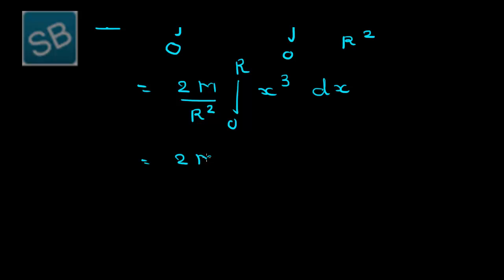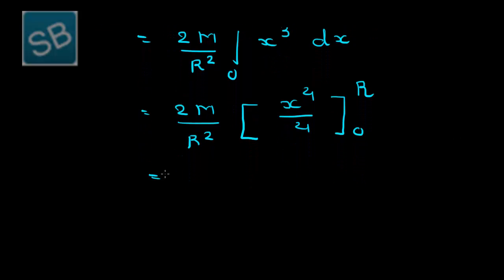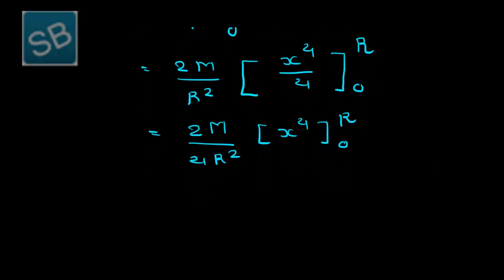Now the integration of x cube dx is given by x to the power 4 divided by 4 from 0 to r, which is equal to twice M upon 4 r square into x to the power 4 from 0 to r, which is equal to M upon 2 r square in the bracket r to the power 4 minus 0.